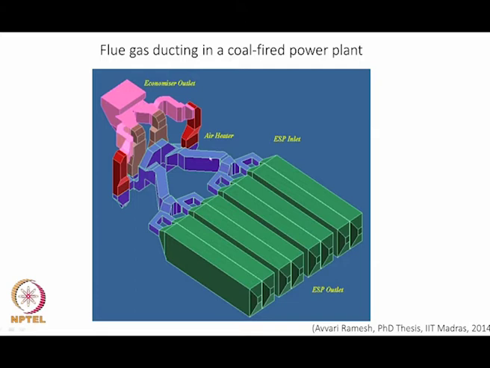Why is it of a specific type? Because the dimensions here are very large. This duct here can be something like 4 meters wide and 6 meters tall. Okay, so that is a huge duct, and this whole length can be something like 25 to 40 meters.